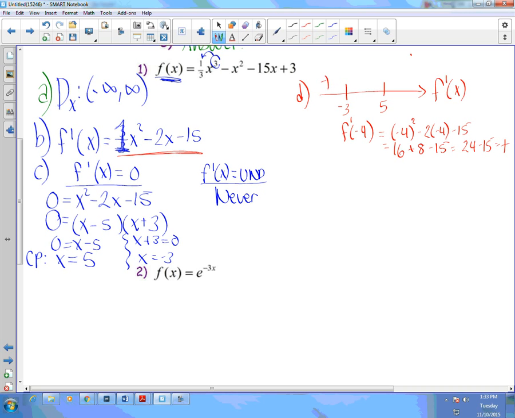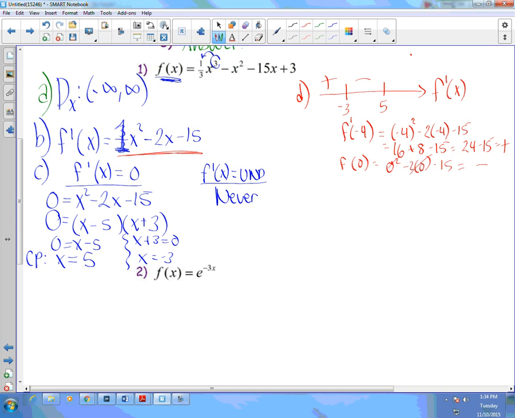If you really care about the number, what we care about is the sign. What's the easiest number to plug in between negative 3 and 5? 0. I would go to 0. 0 squared minus 2 times 0, cancel, cancel. So what's the sign? Negative.